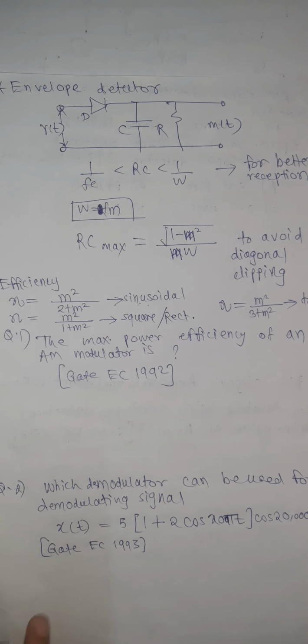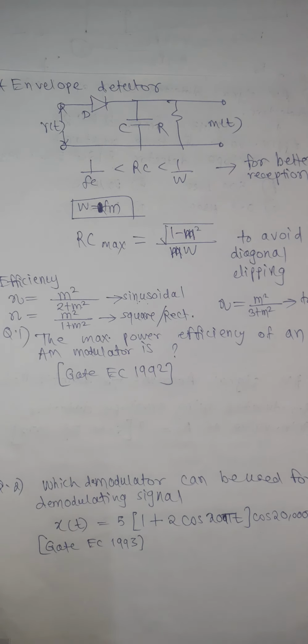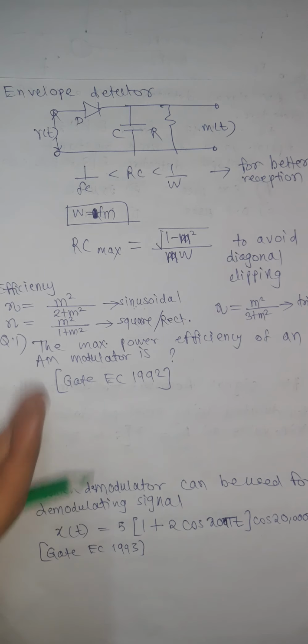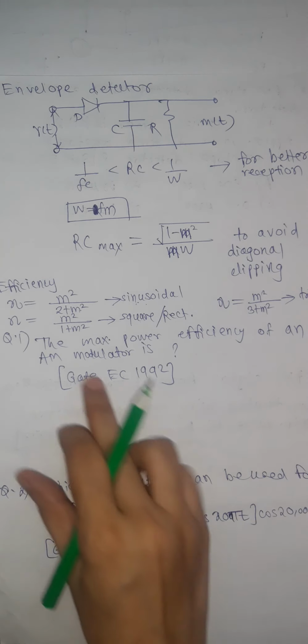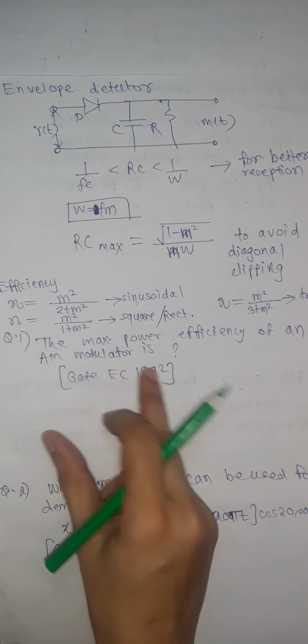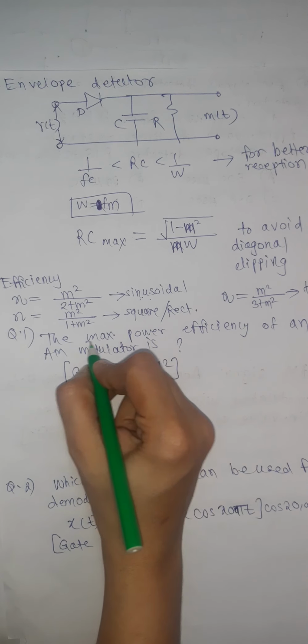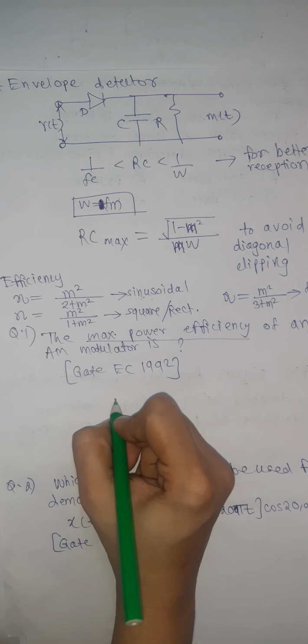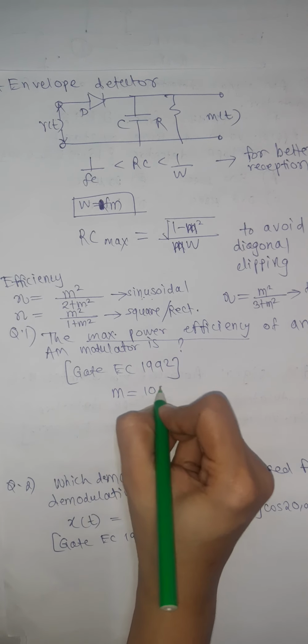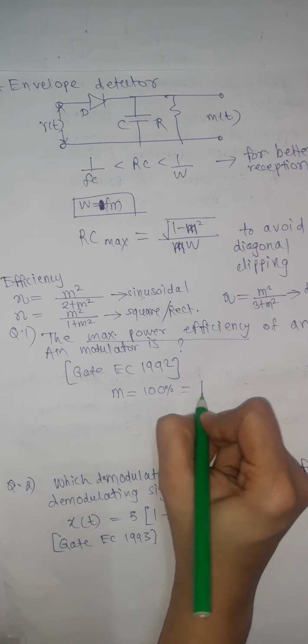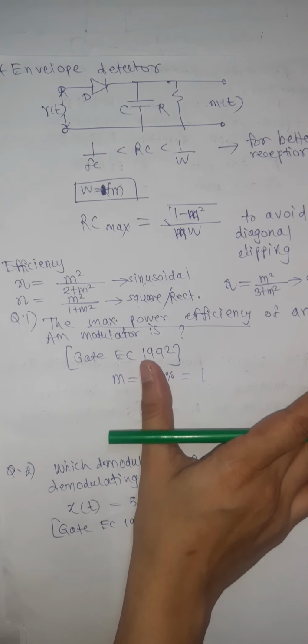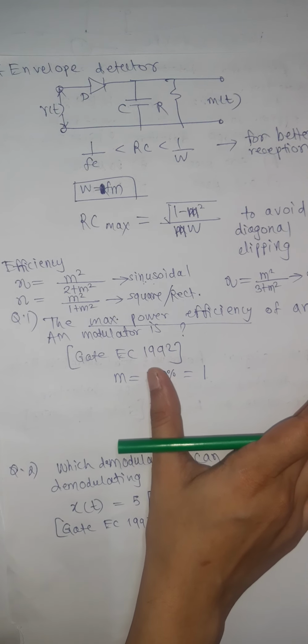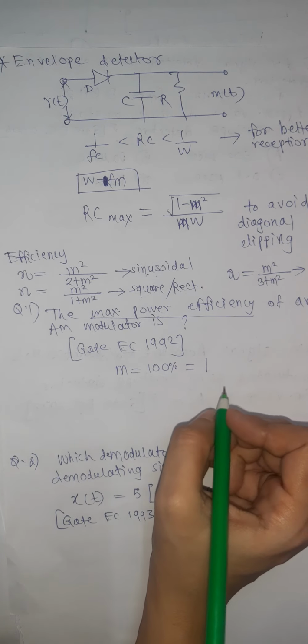Then we will approach some questions that were asked in previous GATE exams. Let's start. The maximum power efficiency of an AM modulator is what? Maximum power efficiency means here modulation index must be 100%, which is nothing but 1. So here m is equal to 1, and the signal is not mentioned, so we will assume it is sinusoidal.